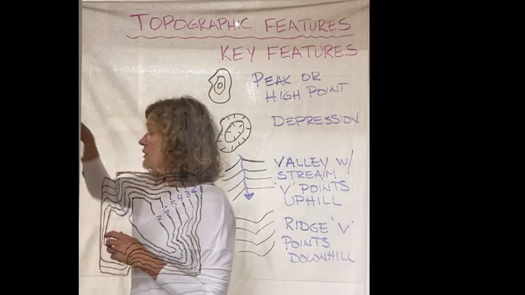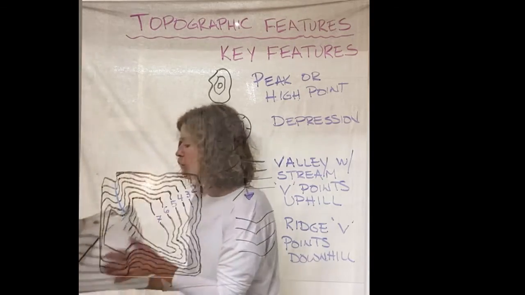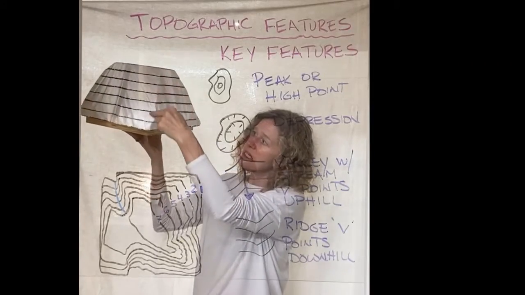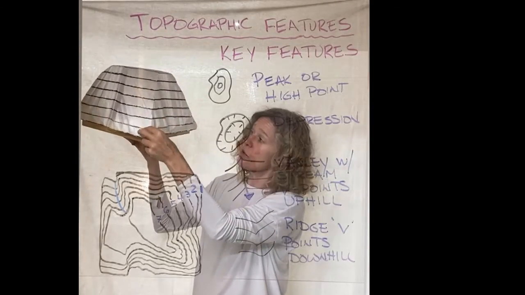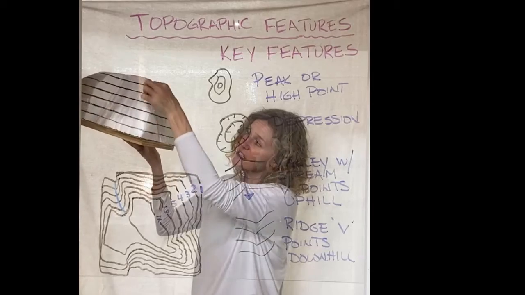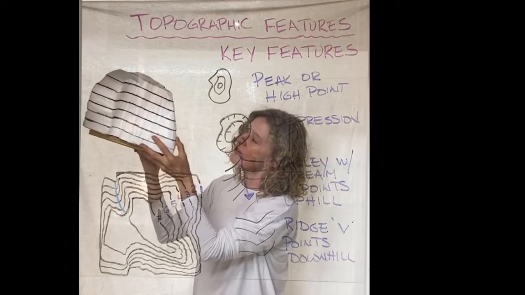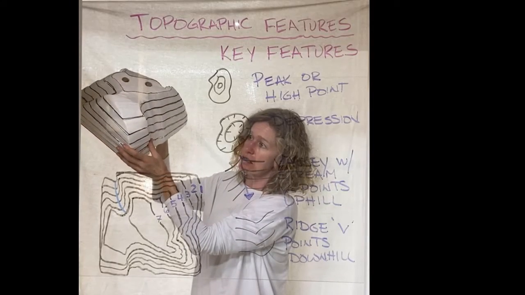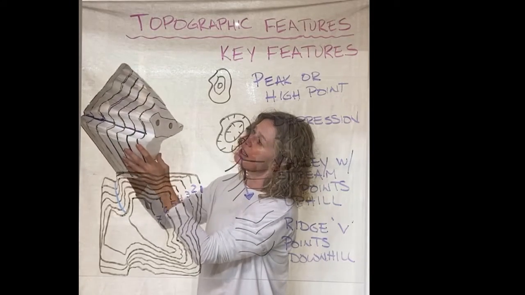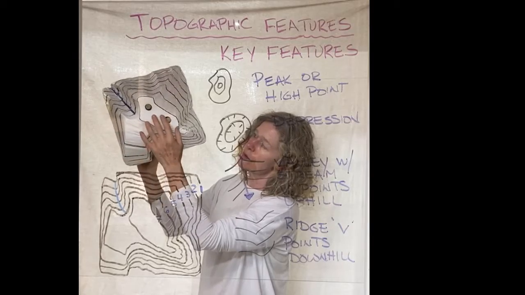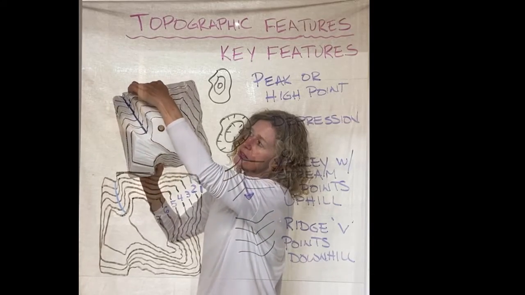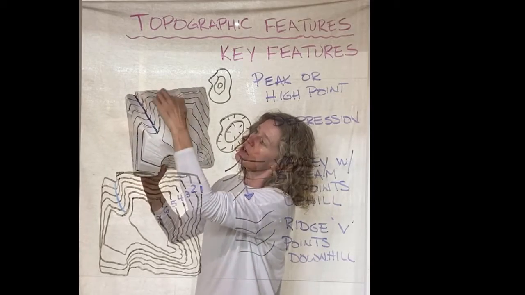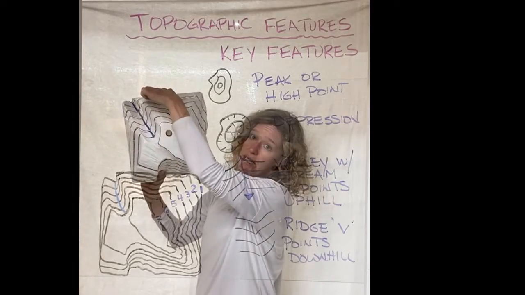Now, when we want to look at what a ridge is and just make sure we understand, a ridge is basically a prominent piece of rock that's descending, or a prominent feature. It doesn't have to be rock, it can have earth on it. So all of these here would be considered ridges. And when we look at them in plan view, or from above, we can see here we have our V, and the pointy part of our V is pointing downhill.